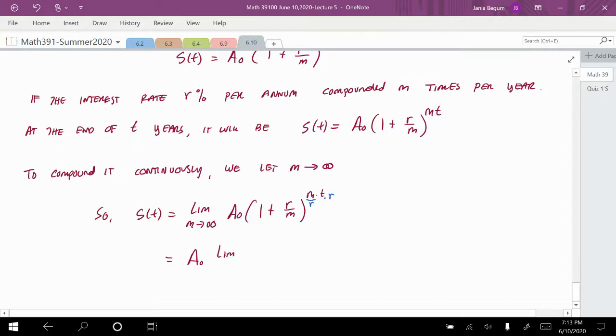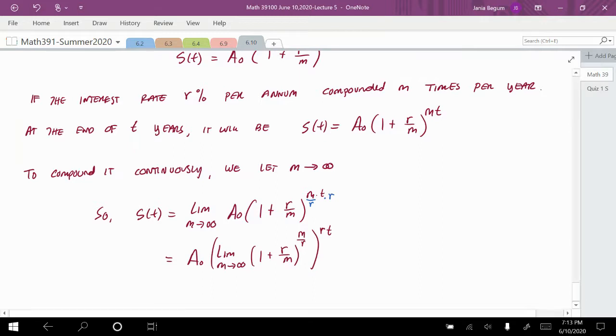We have the limit as m approaches infinity of 1 plus r over m, to the power m over r, and to the power r times t. I just rewrote it in such a way that we can identify what this limit is.